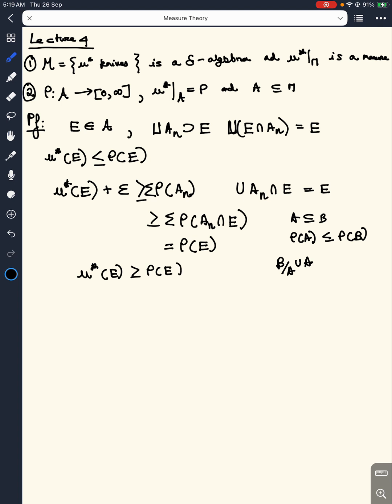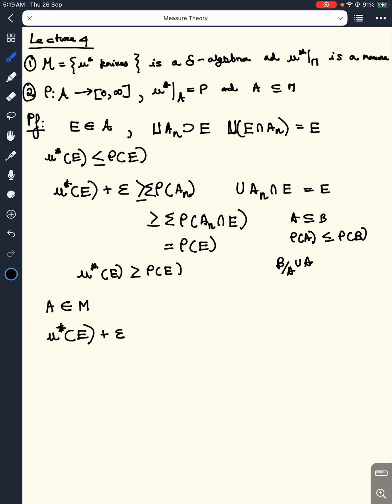Second, now we have to show A belongs to M. So take any arbitrary E, then we need mu star of E plus epsilon.